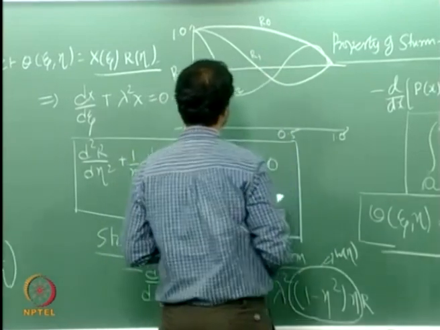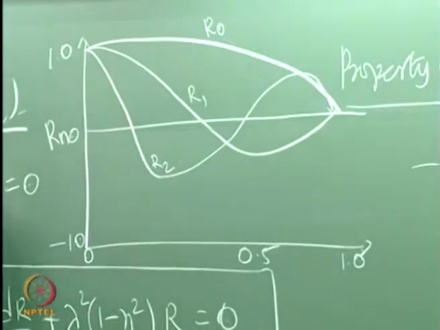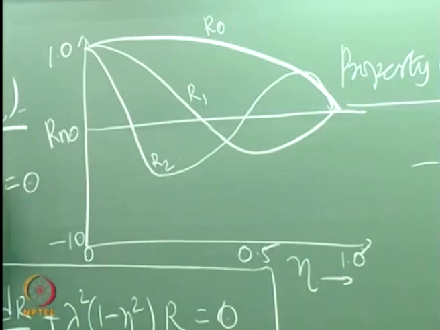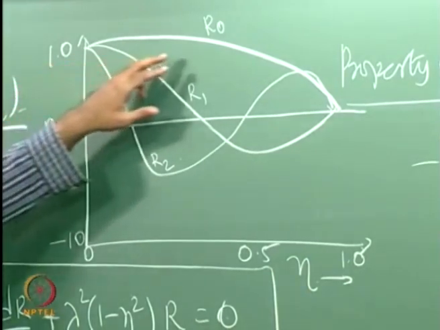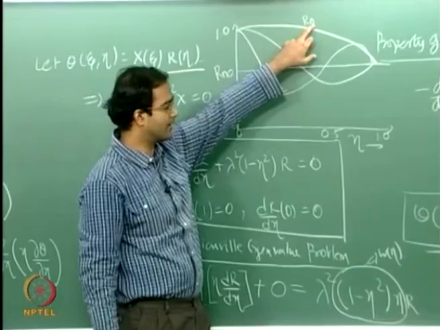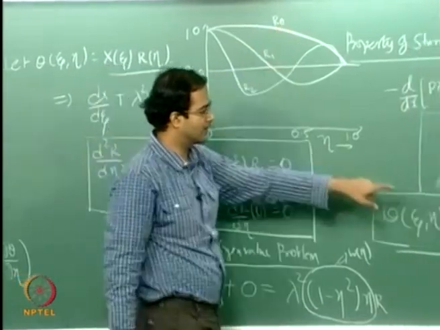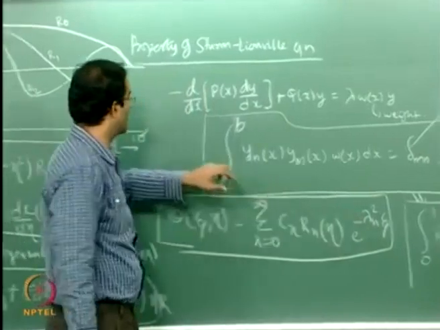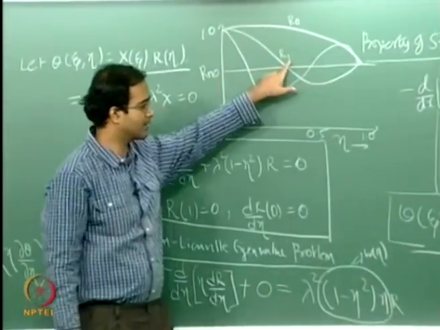This is a representation of these R0, R1, R2. Here you have plotted with respect to eta. This is the eigenfunction corresponding to n equal to 0, that is for lambda 0. And this is the eigenfunction corresponding to lambda 1.